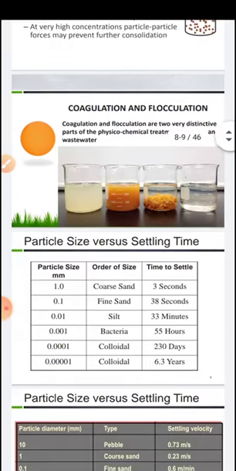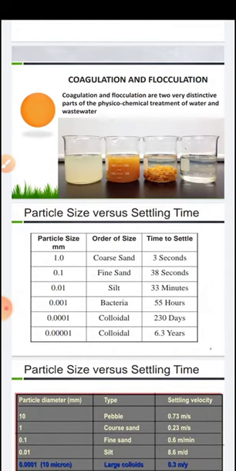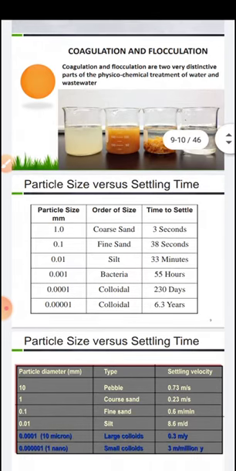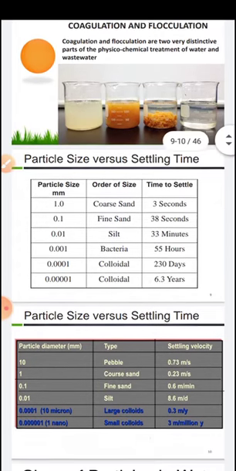Now if you check the particle size versus the settling time, you will see that the particle size ranges from 1 millimeter up to the colloidal limit of about 1 nanometer. You can observe that this is the order in which the size is decreasing, and with this decreasing size the settling time is also changing, as you can observe here.